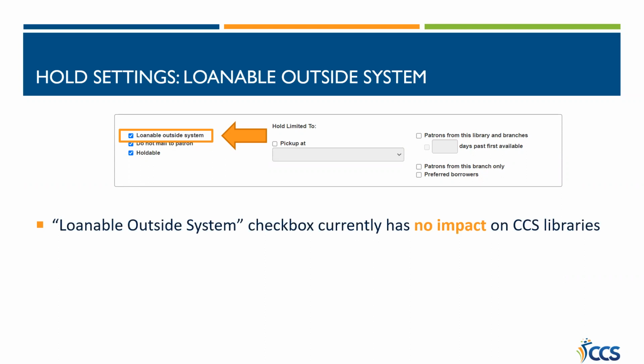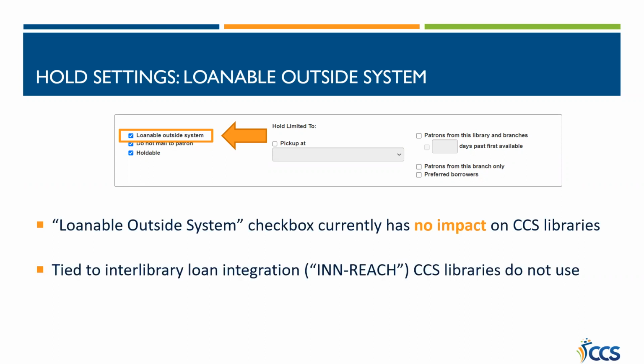This checkbox is tied to an out-of-system interlibrary loan integration called InReach. And CCS libraries do not currently participate in InReach. And since we don't use that integration, this checkbox setting essentially has no impact on the item.